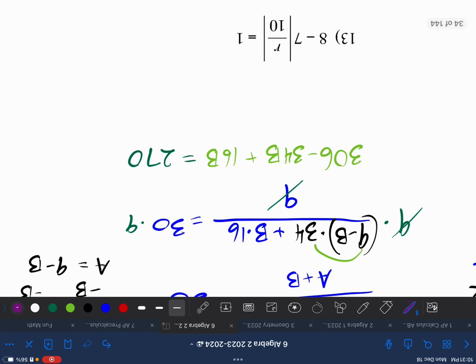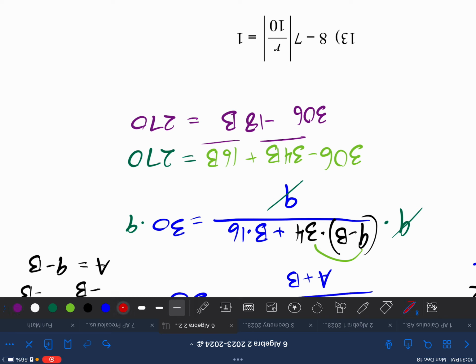I'm noticing that we have some like terms. I have some b's, a negative 34b and a 16b. That adds together to be, what is that going to be? That's going to be negative 18b, I think. And I still have this 306 out here. That's going to be equal to 270.